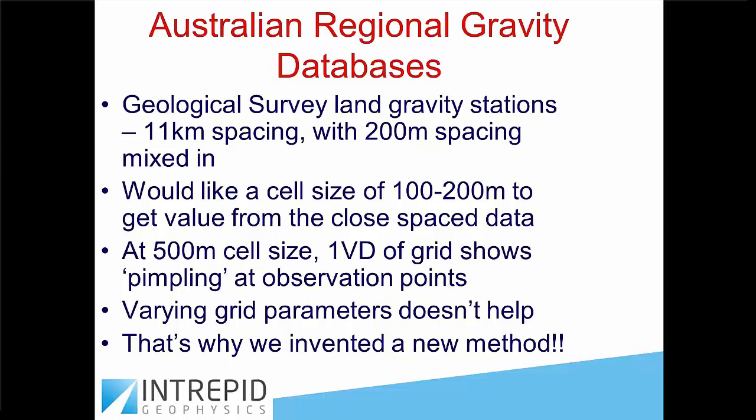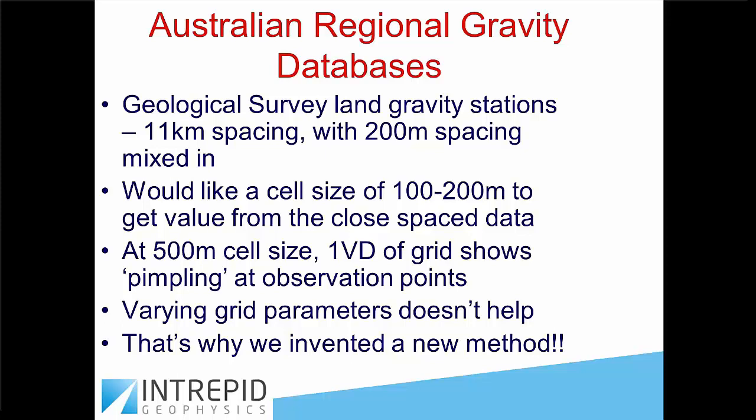And of course there's gravity sampling down to 200 metre spacing, and that's mixed in with it. So typically you would like a cell size of 100 to 200 metres to get the value from the closely spaced data. At 500 metre cell size, a first vertical derivative of the grid shows pimpling at its observation points. Varying the grid parameters doesn't help.